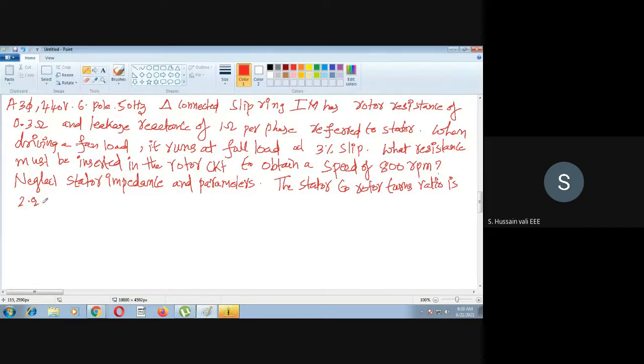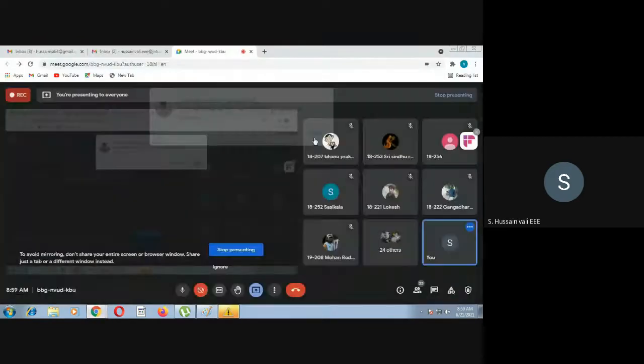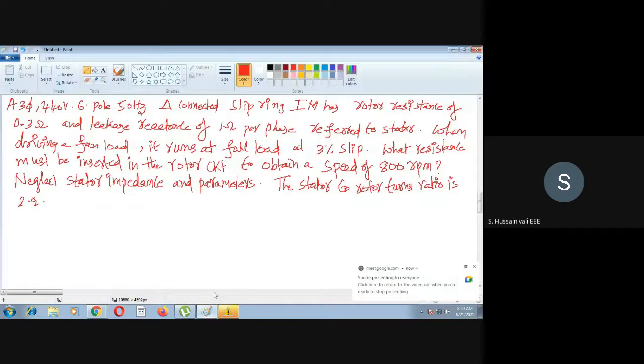Now let's look at the question first: a three-phase 440 volt 6 pole 50 Hz delta connected slip ring induction motor has a rotor resistance of. So he has given the data regarding the induction motor, that is the rated values and the resistances also.